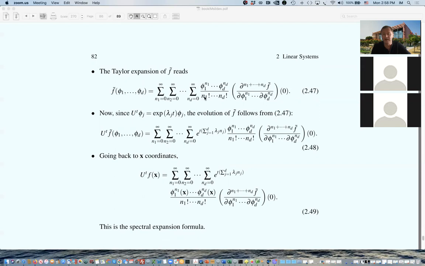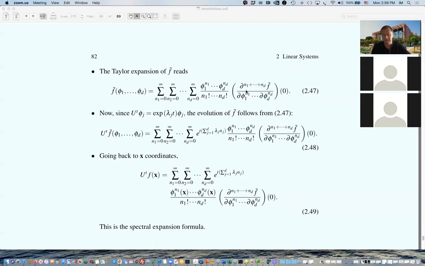I need to divide by factorials, n1 factorial to nd factorial. And then I need to take the n1 plus through nd derivative of f tilde with respect to phi.